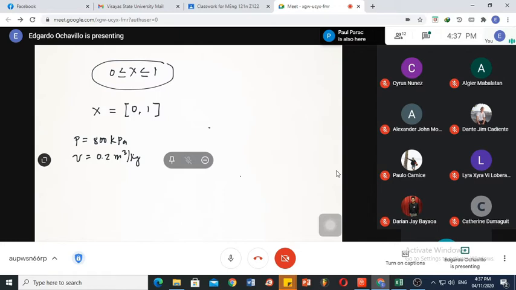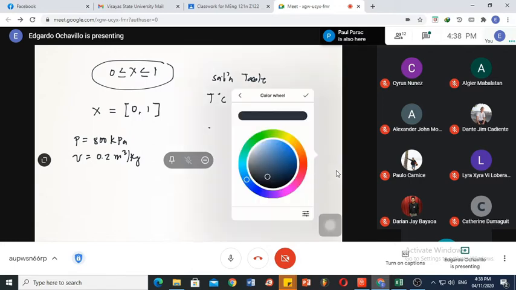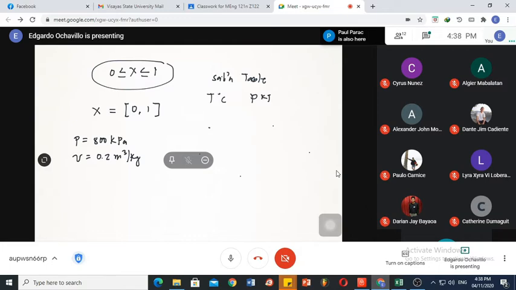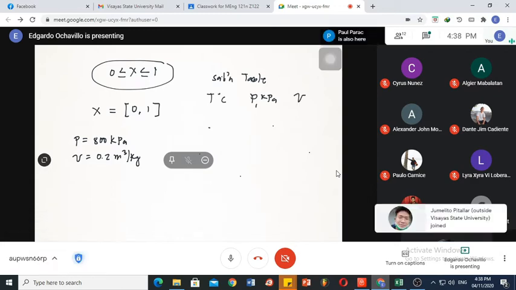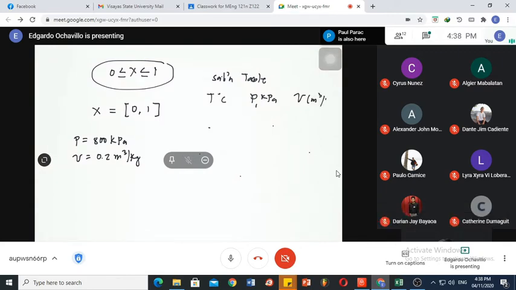So by looking at the saturation table for ammonia here, that is T, you have those in degree Celsius, P in kilopascal. And we have this specific volume in cubic meter per kilogram. Okay, so we have a pressure given.